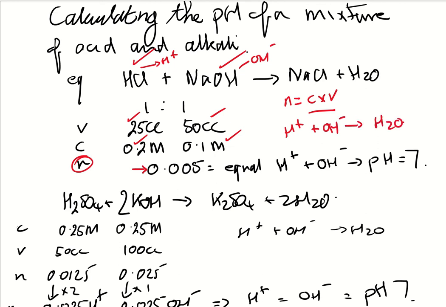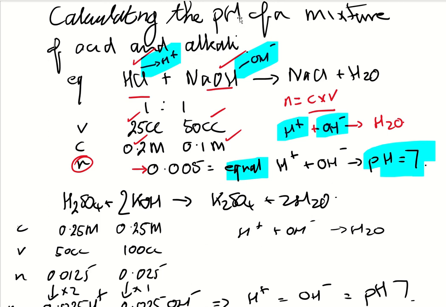And if we look here, the number of moles of acid and the number of moles of alkali are the same, which means, because they produce 1 H+ and 1 OH- per mole of acid and alkali, the number of moles of H+ and the number of moles of OH- are also the same. Now, if the number of moles of OH- and H+ are the same, you get a pH of 7.